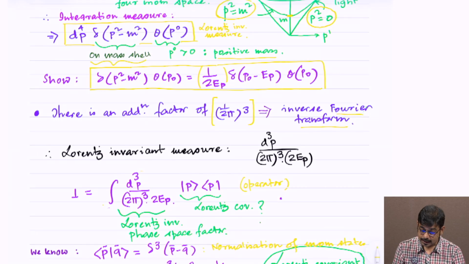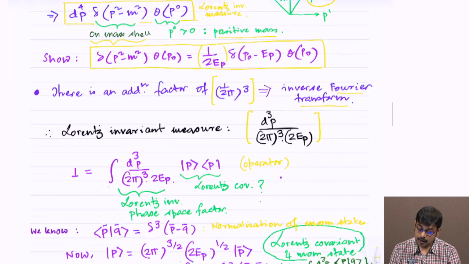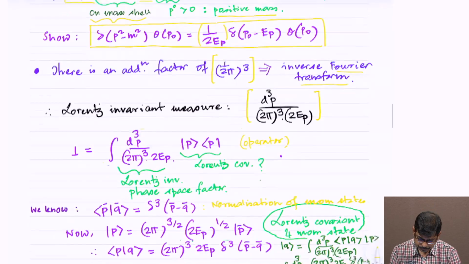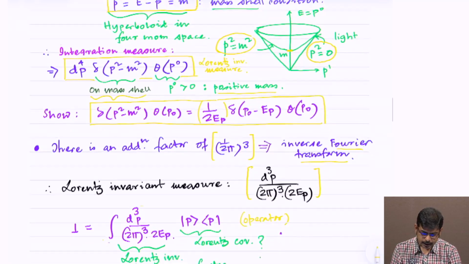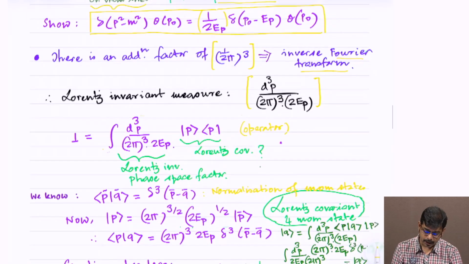So the Lorentz invariant measure comes out to be d³p by (2π)³ times 1 by 2E_p. If you remember, in our initial lectures we encountered this phase space measure when we were trying to find the density of states for collisions or decay processes. So this is therefore Lorentz invariant, and you can explicitly demonstrate that. But I have argued it from d⁴p δ(p² − m²) θ(p⁰), from which you can arrive at this quantity.